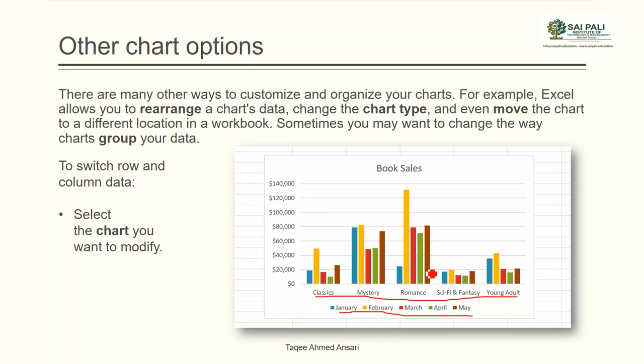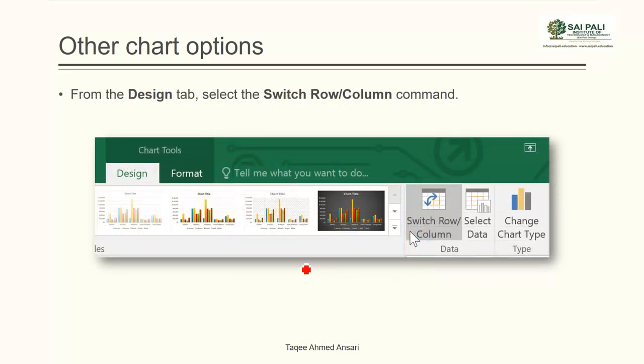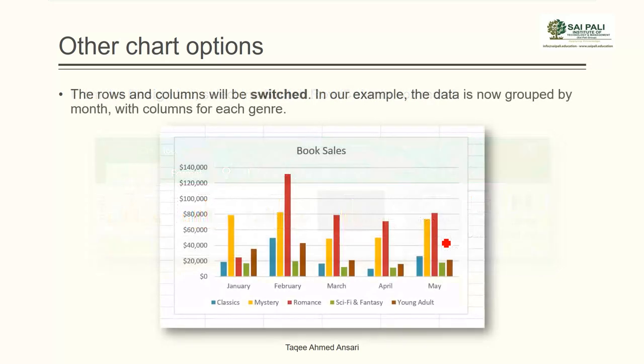To do this, select the chart, and you will see the chart tools tabs. There are two tabs, Design and Format. In the Design tab, in the Data group, you have Switch Row/Column. When you select that, it will change. Now you see January, February is now in columns, and the categories are now in rows.